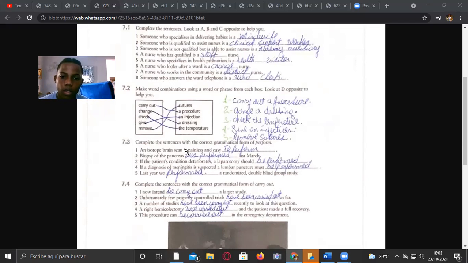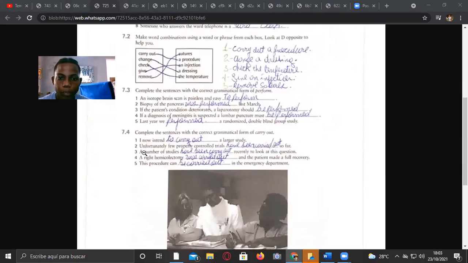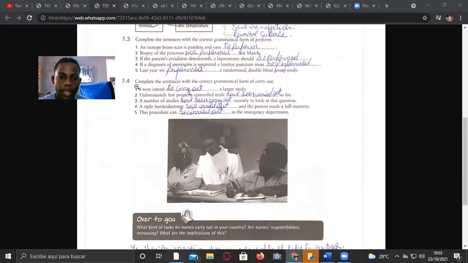Complete the sentence with the correct grammatical form of perform. First one, an isotope brain scan is painless and easy to perform. Biopsy of the pancreas was performed last week.